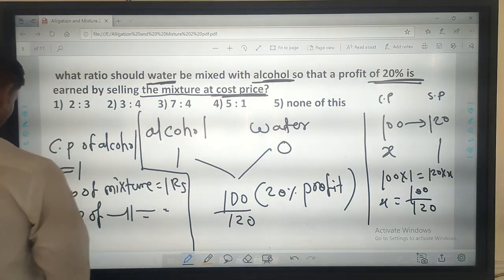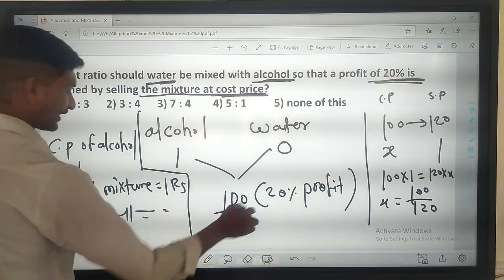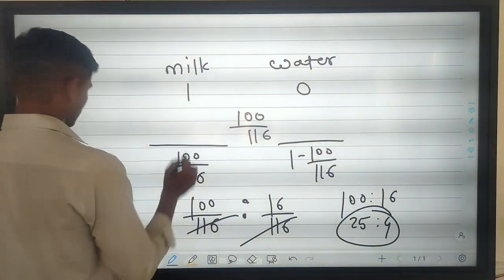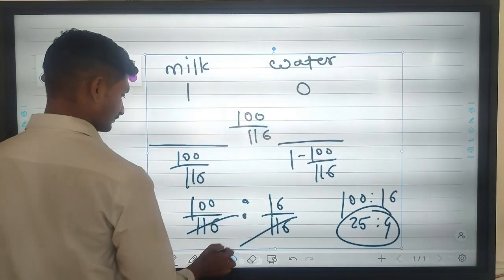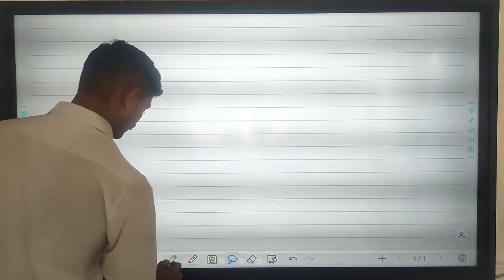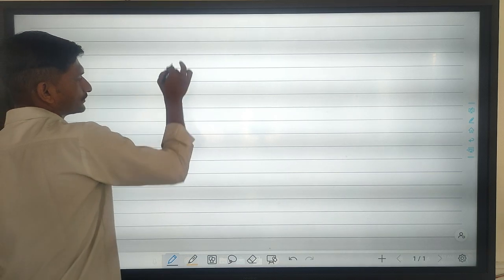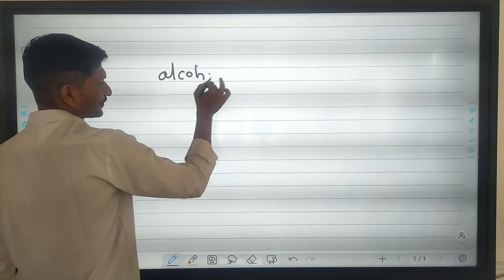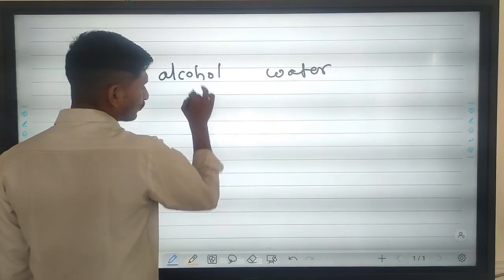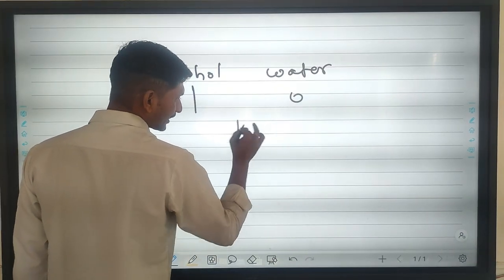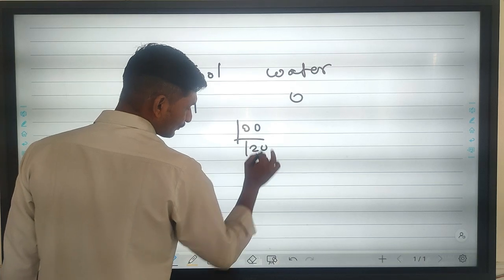Here we write the same 100 divided by 120. Alcohol, water, 0 and 1, and the mixture at 100 divided by 120.